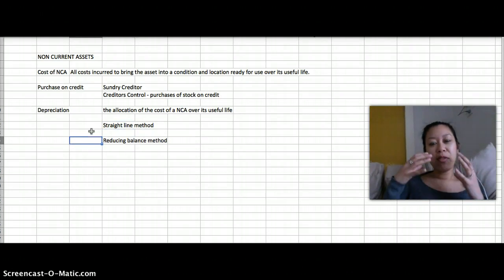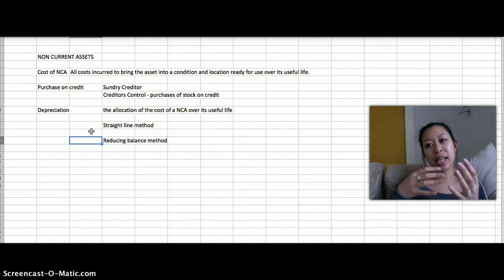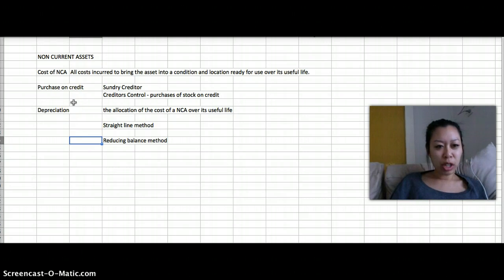So basically, if you have an asset, you want to work out how much you use every year, and you calculate how much you use of the asset based on how much it cost you to buy originally. So it's not just the invoice price.